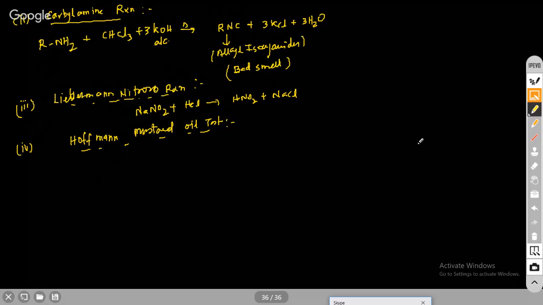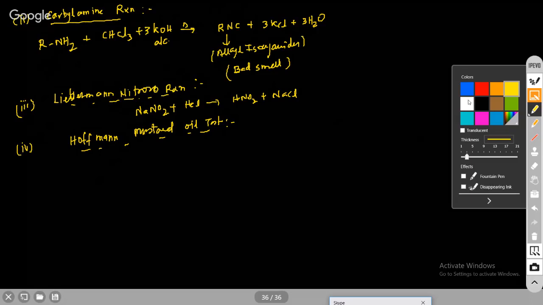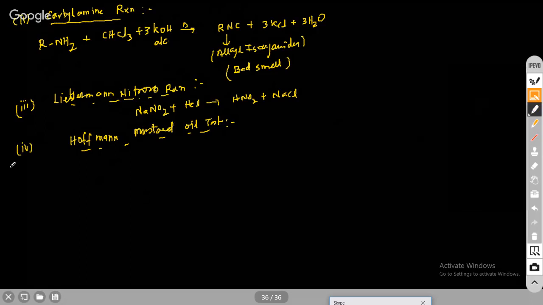Suppose you are taking 1-degree amine RNH2, and in this test, it is allowed to react with carbon disulfide, CS2. And in this, we get first RNH2+, C, S minus, double bond S. Actually, this lone pair attacks onto this carbon atom, and this pi electron goes here.